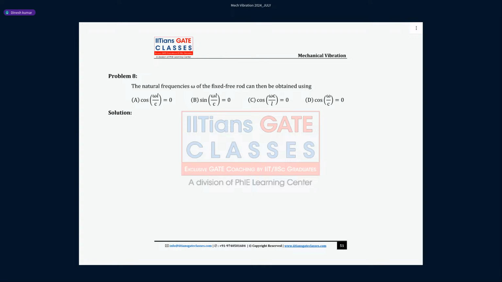Okay. Next, the natural frequency for a fixed free rod can be obtained using? So we know already, guys, for the fixed free case, what was your natural frequency? It was pi by 2l under root E by rho. This was the natural frequency and it came from cosine, right?